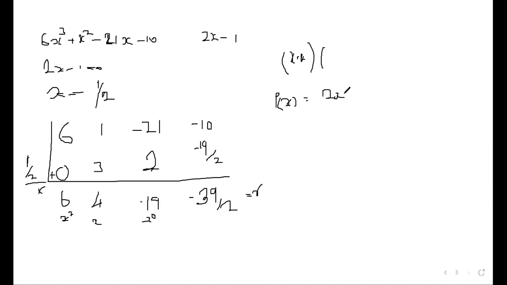If you want, you can just use the same 2x minus 1, 6x squared plus 4x minus 19 minus 39 over 2. So this is actually p of x. When we multiply this and add this other guy, what we'd actually get is this particular polynomial.